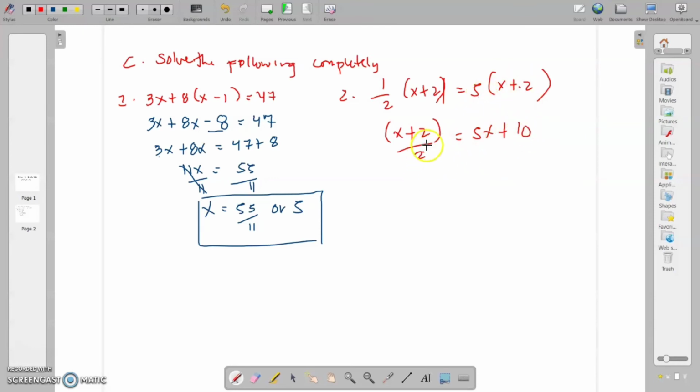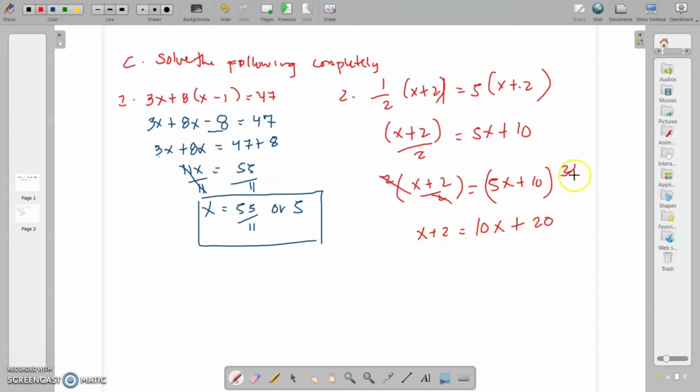Then times 2 to cancel out, so x plus 2 equals 10x plus 20.